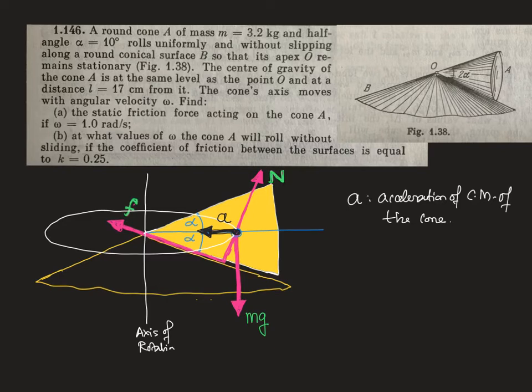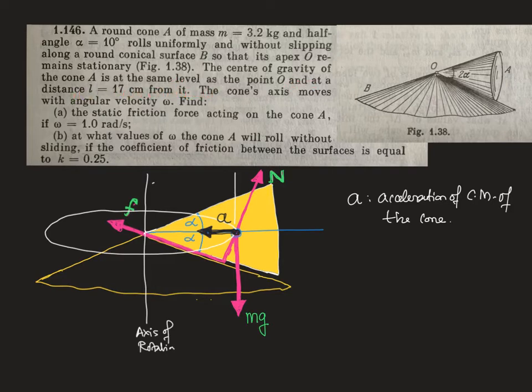And its distance is given. See here in the problem, the center of gravity or center of mass of the cone is at the same level and at a distance L from the axis.